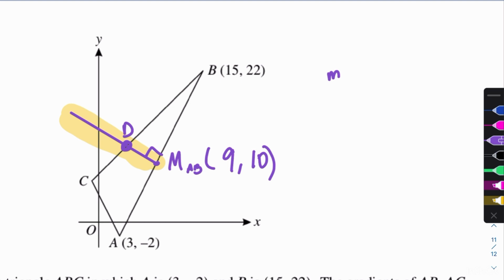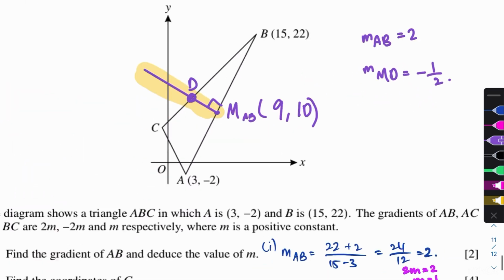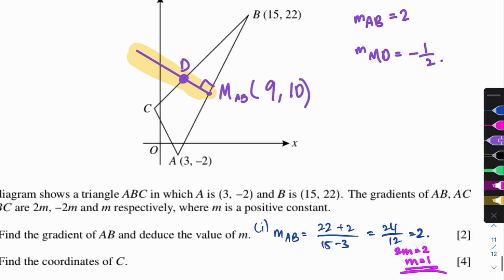So m of AB equals 2, so m of MD is the negative reciprocal because it's perpendicular to AB. So negative 1 over 2. And what do we want to find? We want to find the coordinates of D.